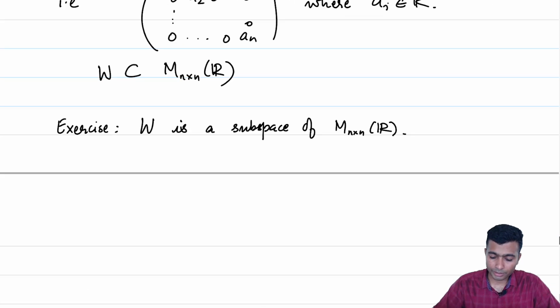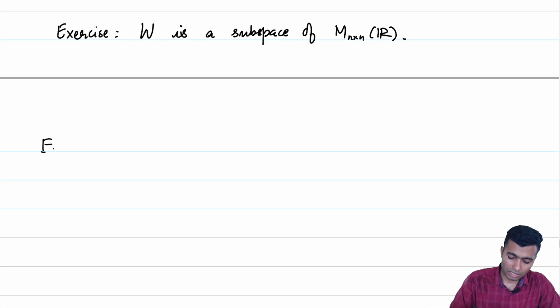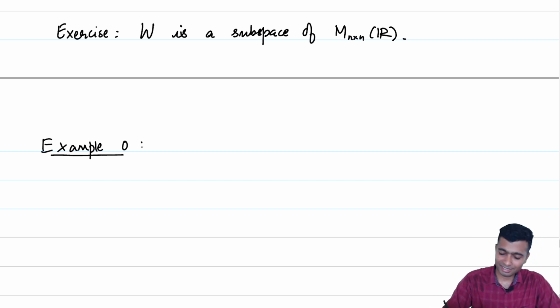Actually, the first examples should have been the following. So, this maybe should be example 0, which I am putting at the end. Every vector space is a subspace of itself.